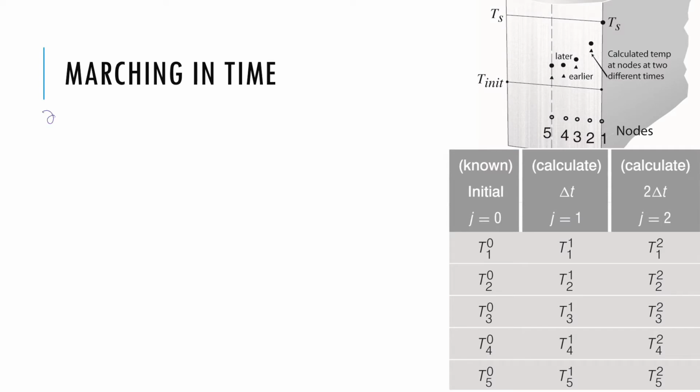So the heat equation ∂T/∂t = α ∂²T/∂x², we have converted it to an algebraic equation: T(i, j+1) is equal to T(i, j) plus α Δt over Δx² times [T(i+1, j) minus 2 T(i, j) plus T(i-1, j)].